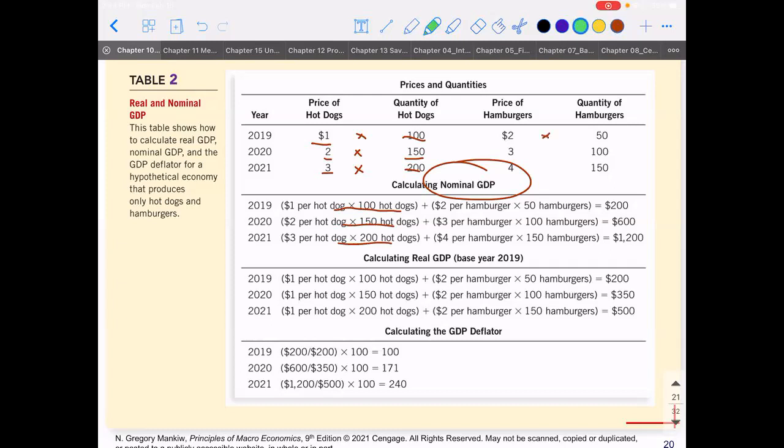Same here. So for nominal, you're just doing a straight horizontal price times quantity, price times quantity, price times quantity.